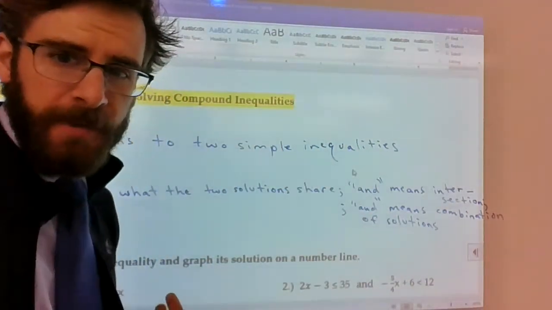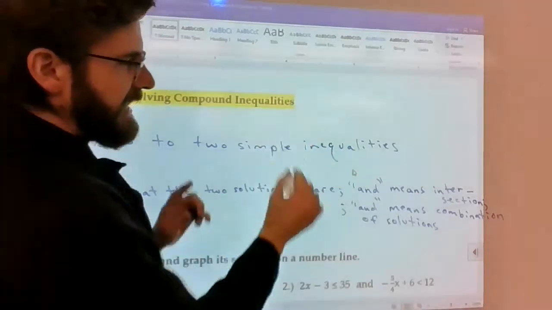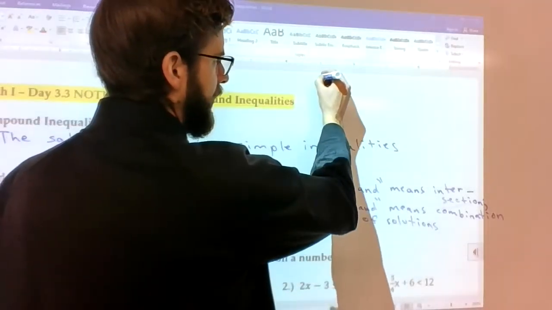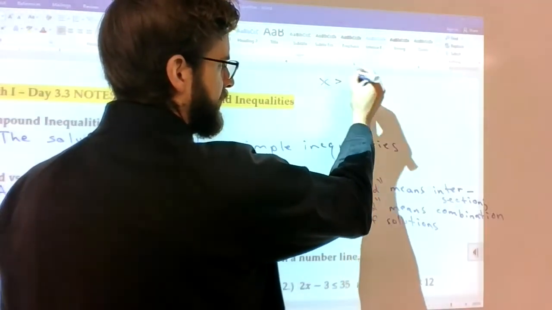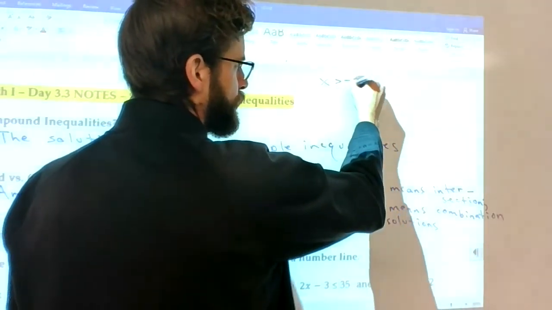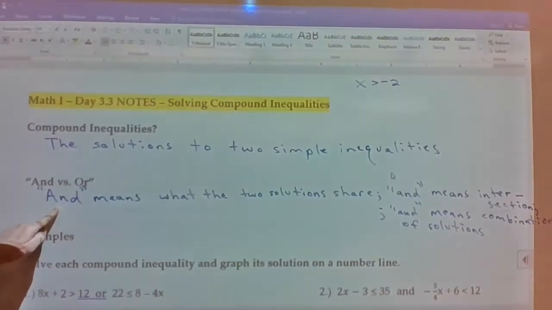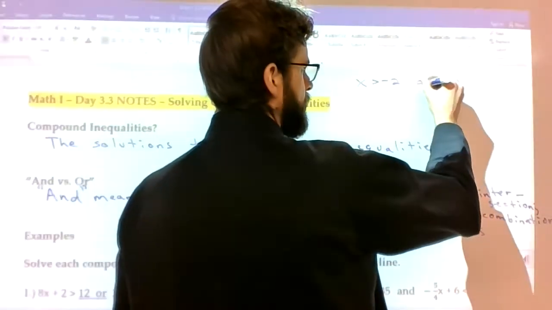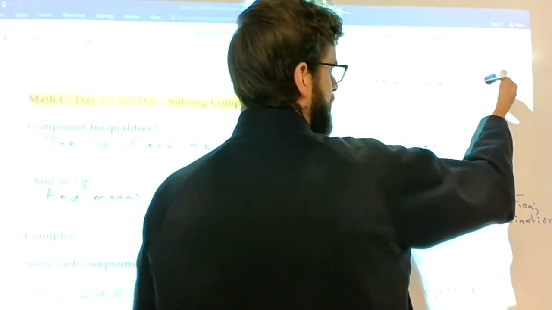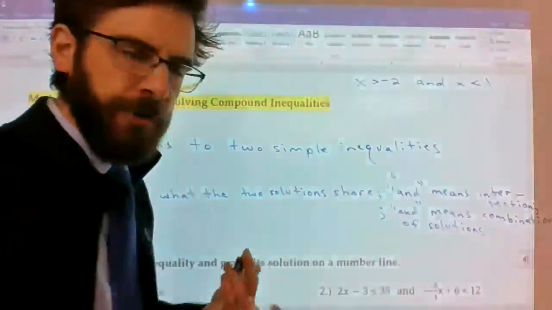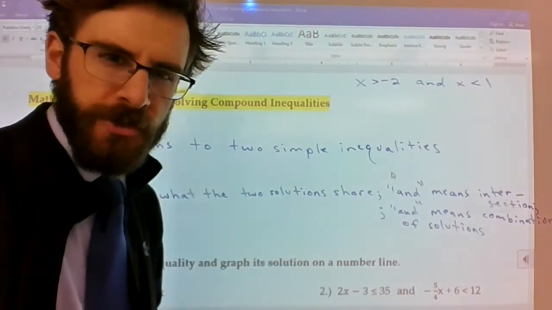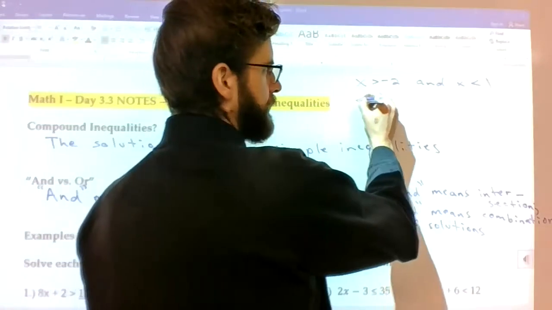So in a sense, if we were to say x is greater than negative 2 and x is less than 1, what you're doing is you're saying, what do those two solutions look like on a number line?